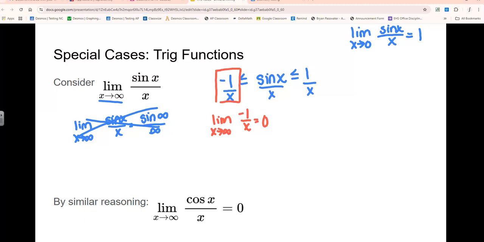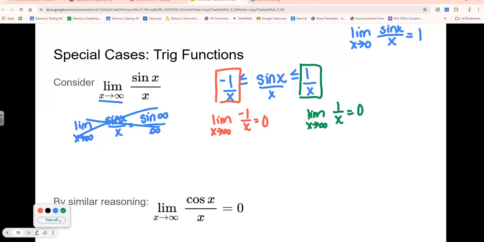We have -1 pizzas. Don't know how that's possible, but that's what we've got. We've got infinity people at the party. Nobody gets any pizza, right? And then over here on the other side, I've got the limit as x approaches infinity of 1 over x. What is that? 0.